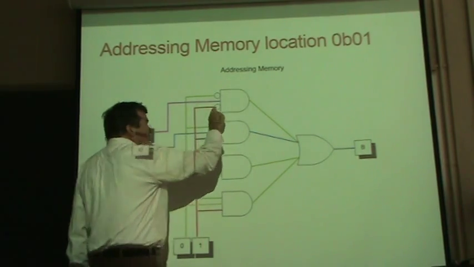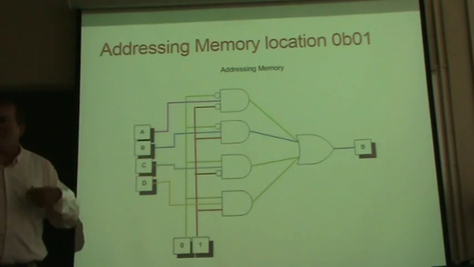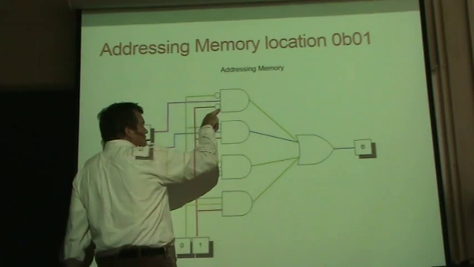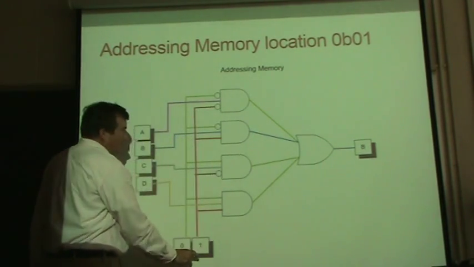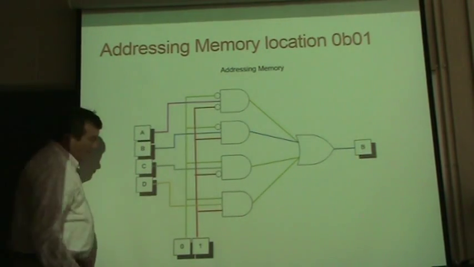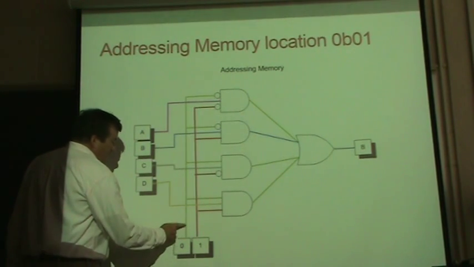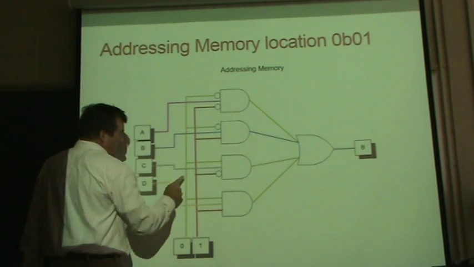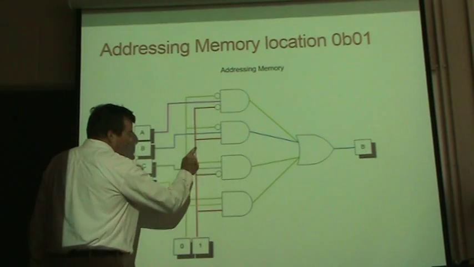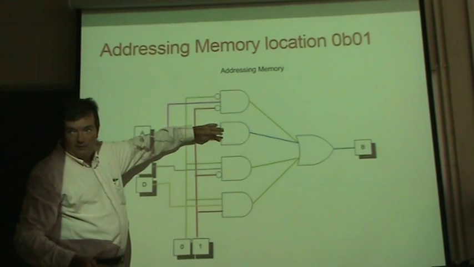So since this is now a 3-input AND gate, and we said it's very easy to make 3 inputs and 4 inputs, we just call the factory and say we need a 3 input, we need a 4 input. Since one of these inputs is a 0, because of the way we set this, a 0 is coming out of here. If we set this to 0 and 1, then this being a 0 gets converted into a 1, and this being a 1 stays a 1. So we have 2 1s going in.